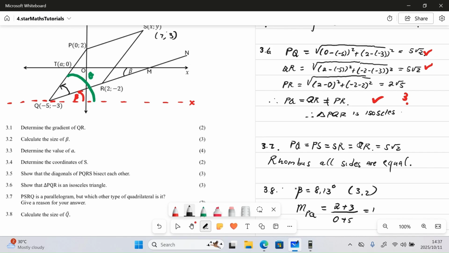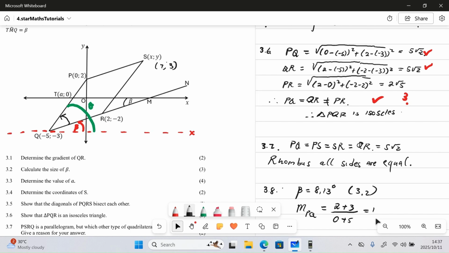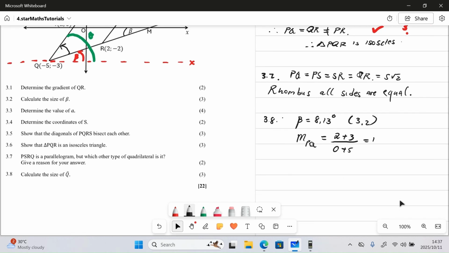Then what is the angle of inclination of PQ? Let's call it theta. The gradient is positive, so it's going to be 45 degrees.